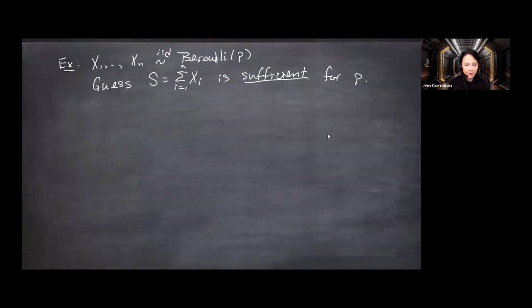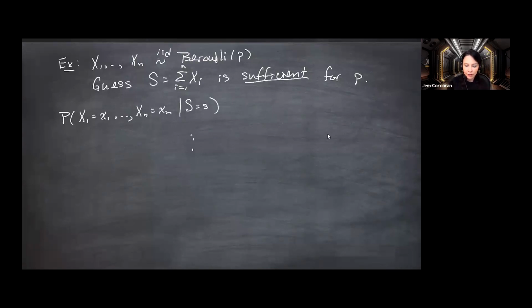I want to look at the joint distribution of all of the x's given S, and hopefully once we work that out, it is parameter free. There's no p at the end of the calculation. So I'm going to look at the joint PDF, which in this case is probabilities: the probability that x1 equals little x1 out through xn equals little xn, given S equals some little s.